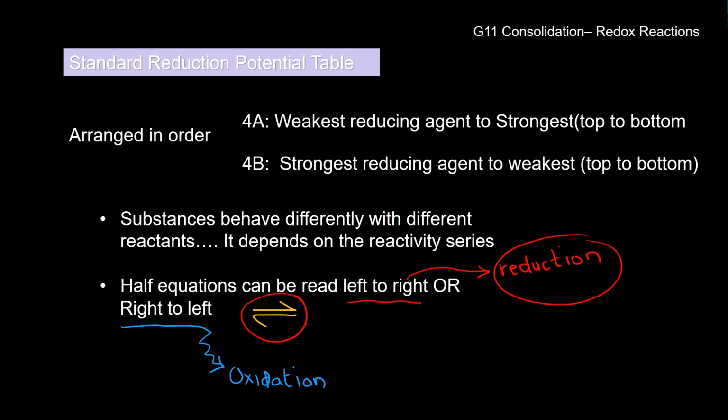If you are reading it from right to left, you are reading the oxidation reaction. So that is what this double arrow means. Because of different situations and different reactions, a substance can either be oxidized in one situation, or it can be reduced in a different situation, a different reaction. And so that's why there is a double arrow.